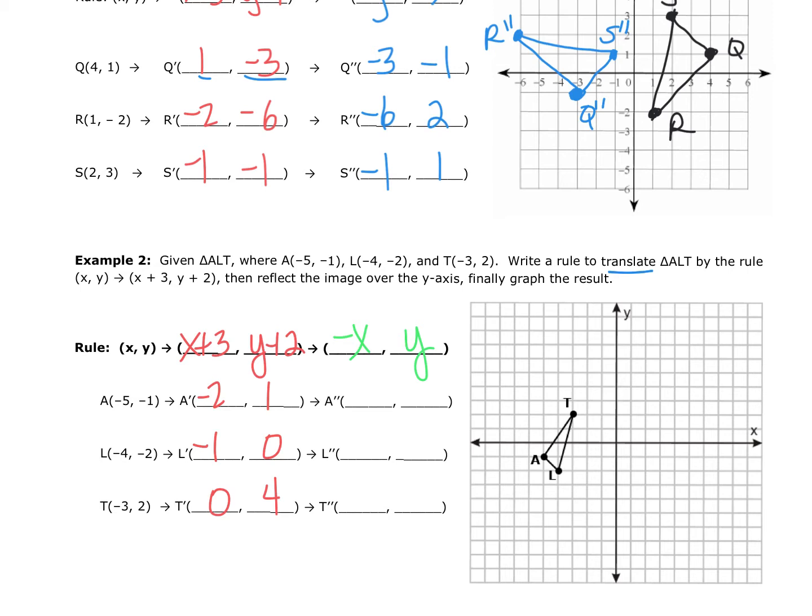Okay, so we are now reflecting each of our points over the y-axis. So our x value is going to be negative or opposite. Remember, this means opposite, not just negative.